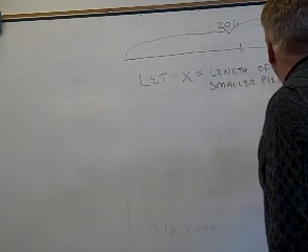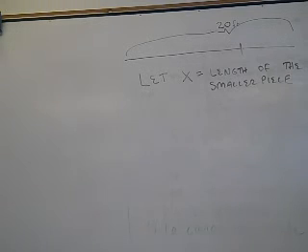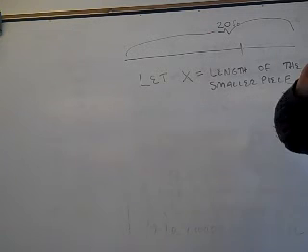Notice I said length of the smaller piece. I didn't just put smaller piece because I might have been referring to its length. I might be referring to its weight. I might be referring to how old it is. X refers to the length of the smaller piece. Okay, what else then do we know?